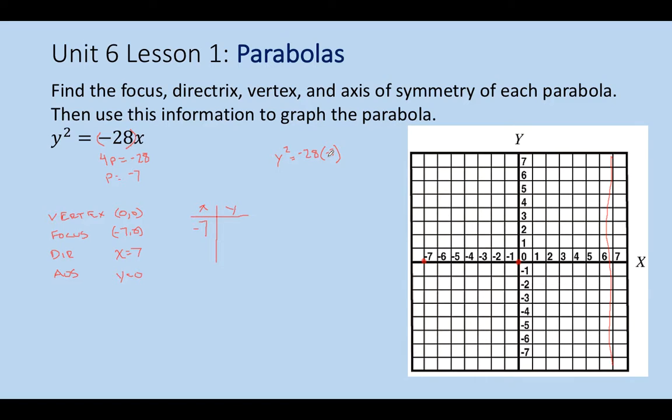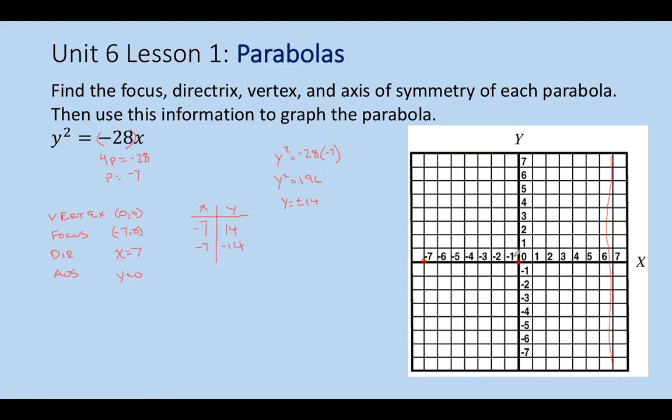Negative 28 times negative 7 is 196. And when I take the square root of 196, I wind up with 14, positive and negative 14. So when x equals negative 7, I got positive 14, and when x equals negative 7, I got negative 14. And that's going to help me graph this considerably.